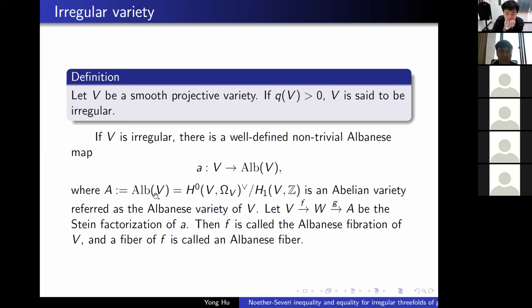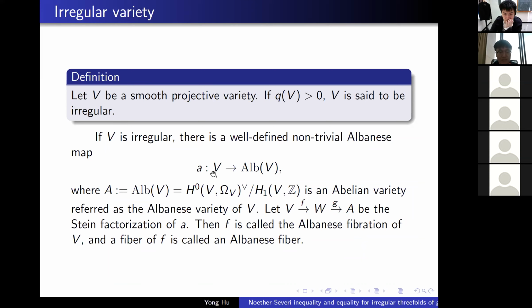Here, the Albanese variety is defined by this quotient. This is a dual space of global holomorphic one forms, quotient by the first homology group. This is an Abelian variety and often referred to as the Albanese variety of V.